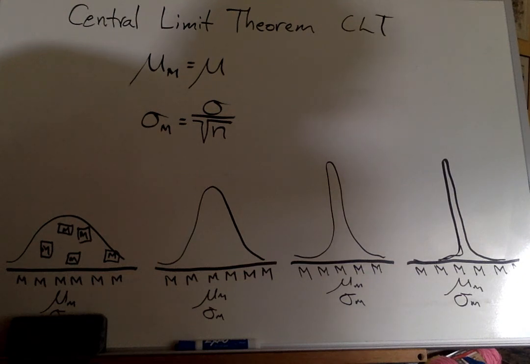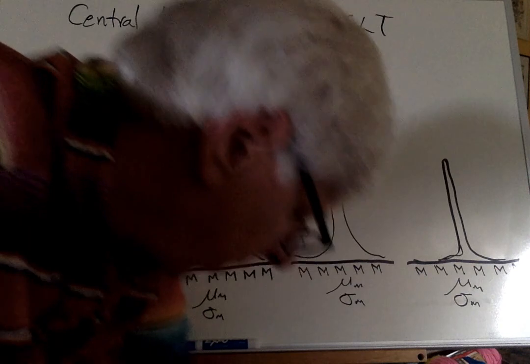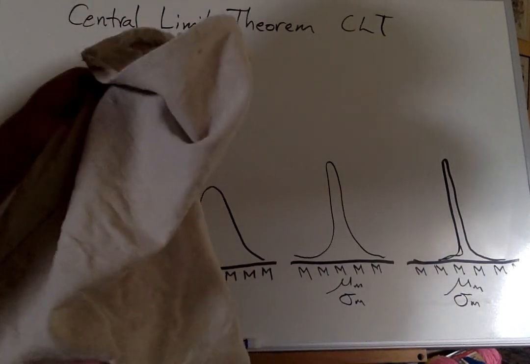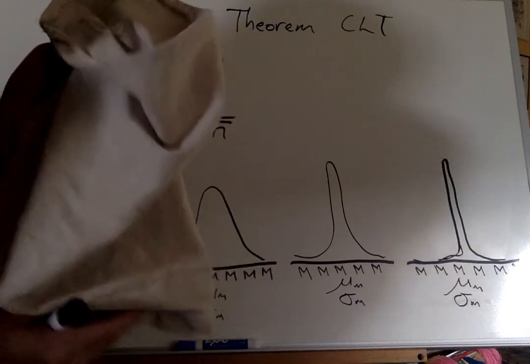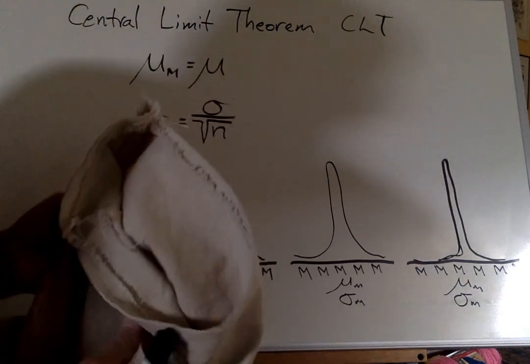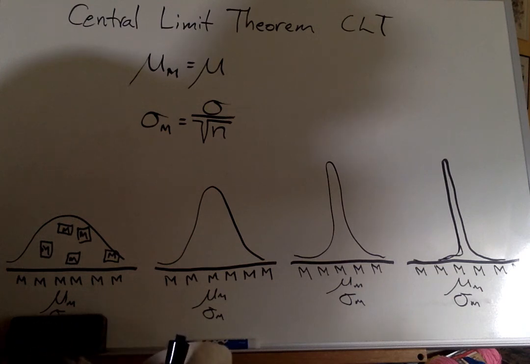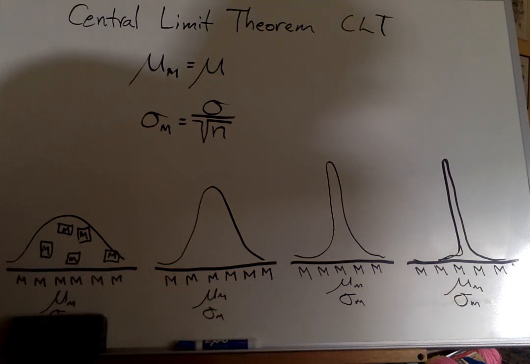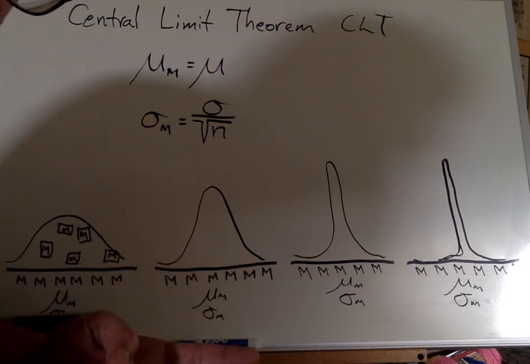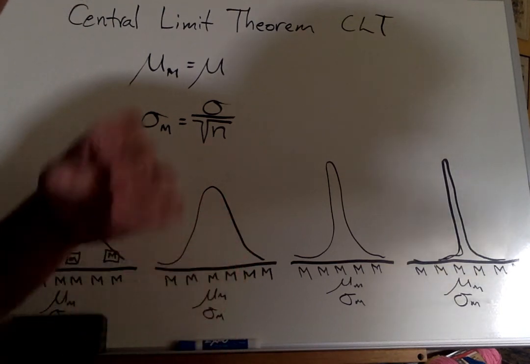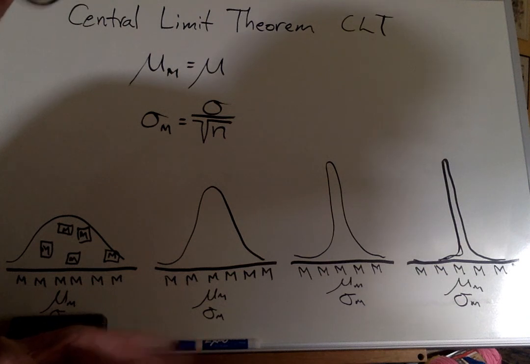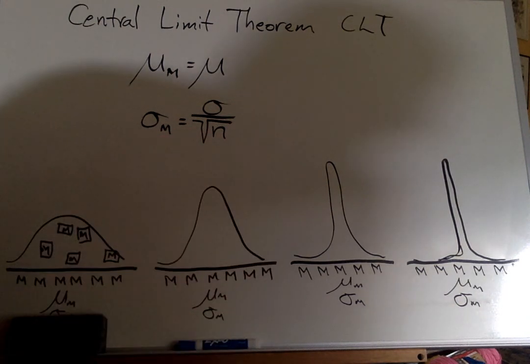Well, let me ask you this question. I'm going to bring up the canvas bag one more time. If we wanted to know what was in this bag, do you think we would be better off taking one block out and making our guess? Or if we took 4 blocks out, got the average of those 4 blocks and made my guess, or if I took 8 blocks out, or if I took 15 blocks out.